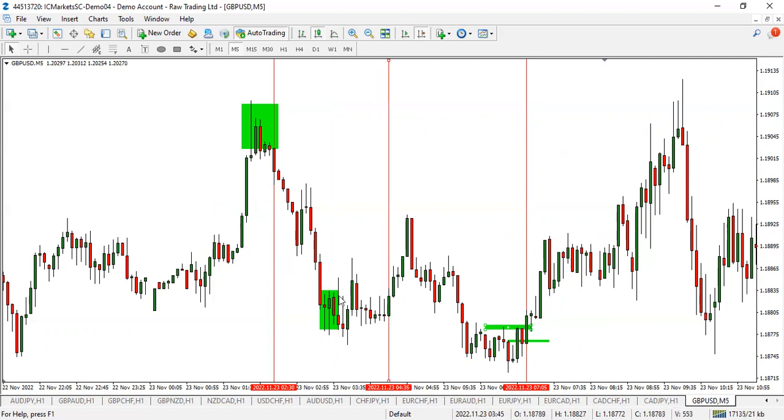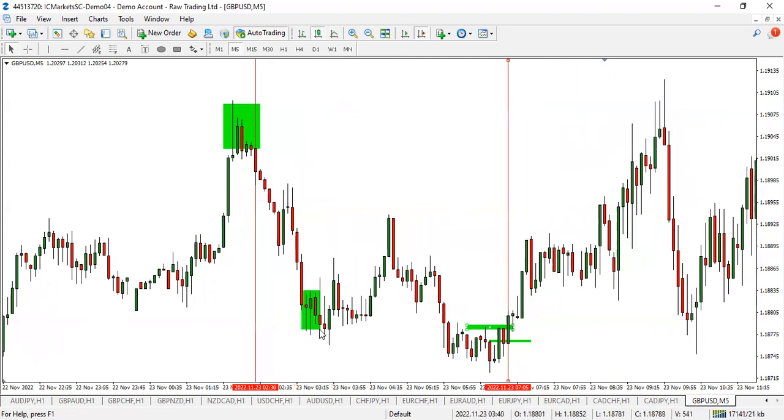So look at this one here. Look at this structure here. Here is an entry pattern here, little one. And this is the candle that broke the neckline, this candle here.